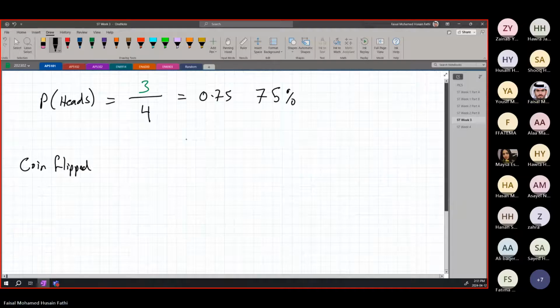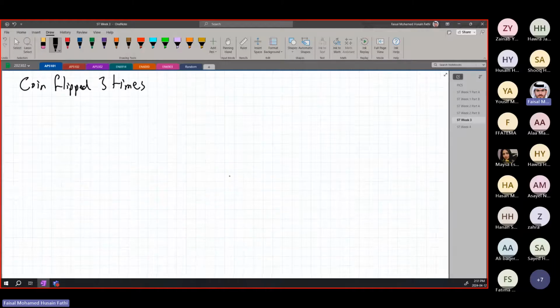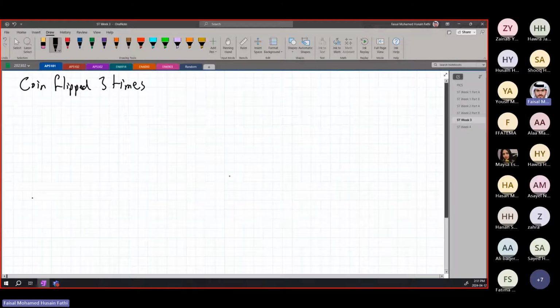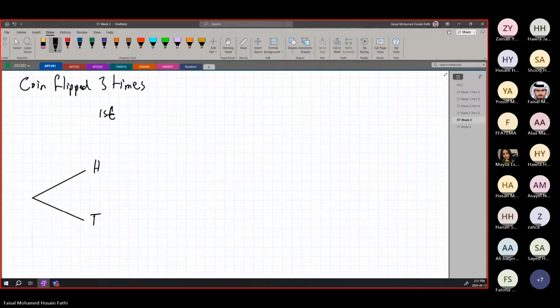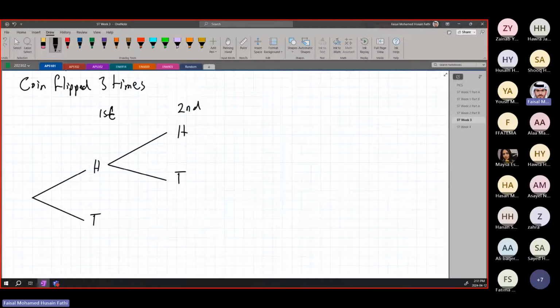Coin flipped 3 times. And the way you will draw the tree diagram for this is going to need a lot of space. So let me just do it like this. This is the first flip, we're going to get either heads or tails. The second flip, we're going to get either heads or tails after the first flip for heads, and the same thing here.